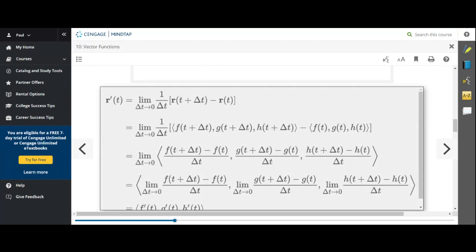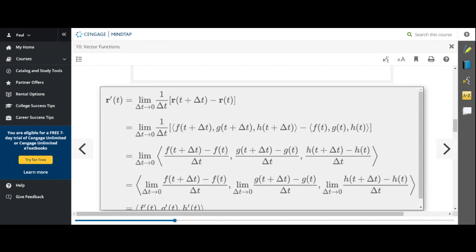They show you why the derivatives of the parametric functions of the space curve form the components of the derivative vector.